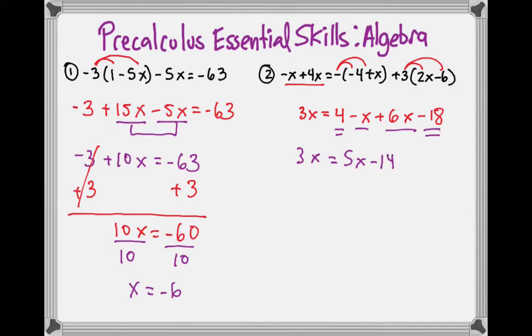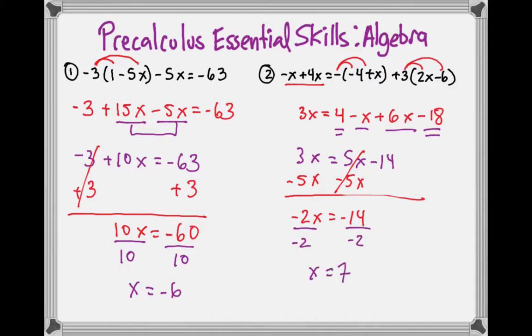Okay, so now I want to move the x's all to one side, and so therefore I'm going to subtract the 5x here, and that's going to give me a negative 2x equals a negative 14. And then finally, I'm going to divide off the negative 2, and that's going to give me x equals 7. Okay, and so that's the second skill that we're expected to be able to do, is manipulate the variables on both sides of a linear equation to solve for x.